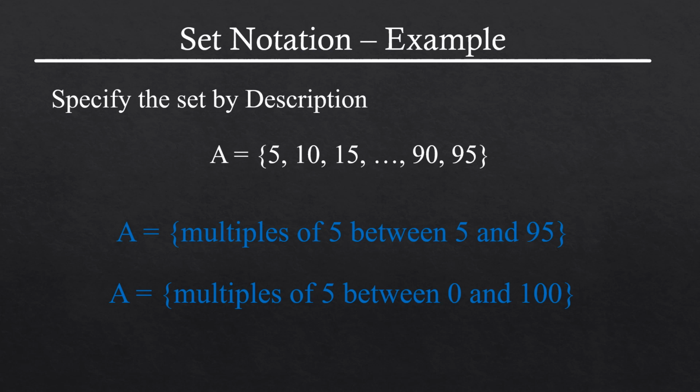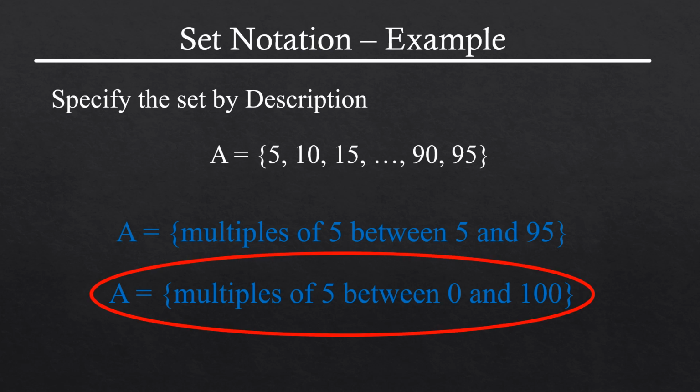So I need to make sure of the multiples of 5, I'm going to have to choose this second group, because 0 and 100, those are the multiples of 5 between 0 and 100, not between 5 and 95. I have to have my borders on the outside.